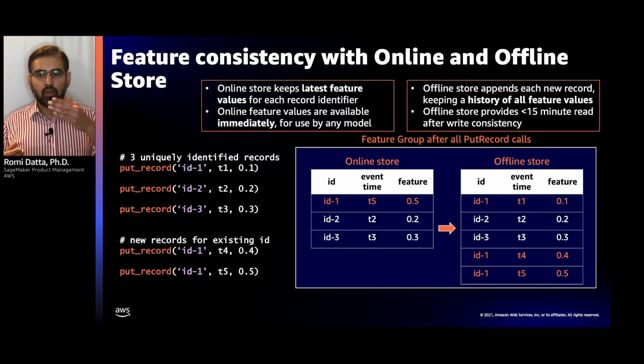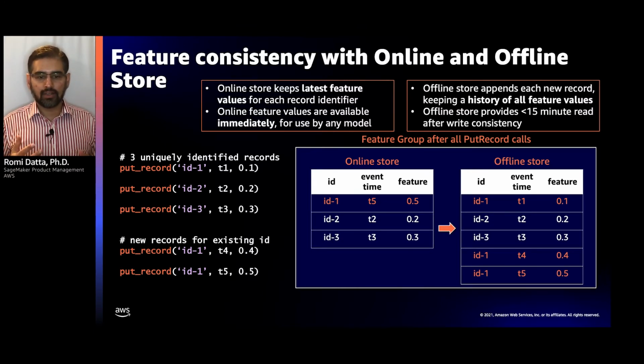This replication process takes some time. And for that reason, we ask customers to wait for about 15 minutes for read after write consistency from the offline store. The online store keeps the latest feature, while the offline store keeps the latest as well as every past feature. It's an append only mode.